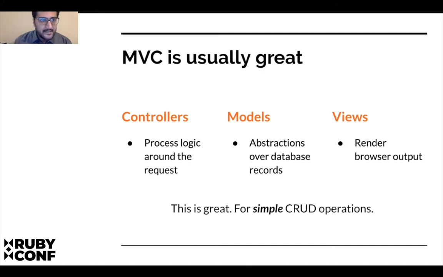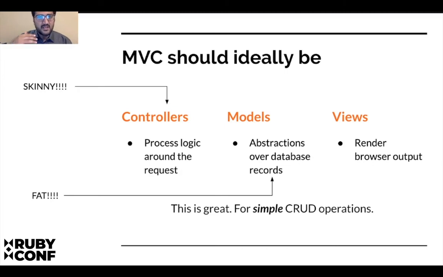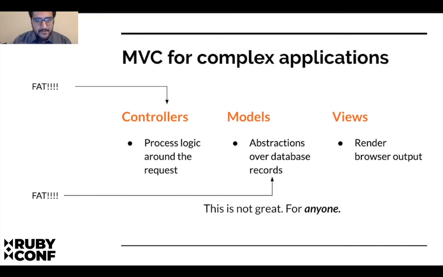But then, we're given this ideology that controllers should be skinny and models should remain fat. And this is still great for simple CRUD operations. But, in the end, when you start building complex applications, you start seeing that your controllers become a little bit fat and your models are also fat. And this isn't really great for anyone.